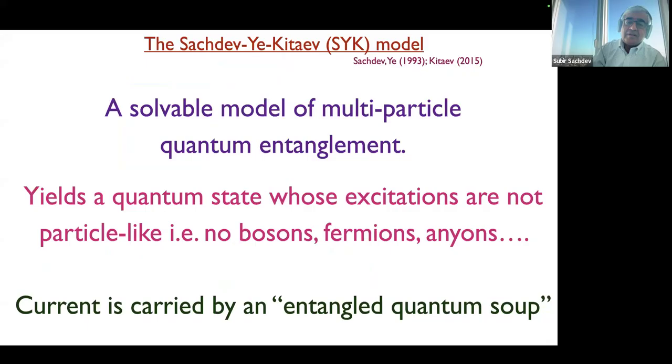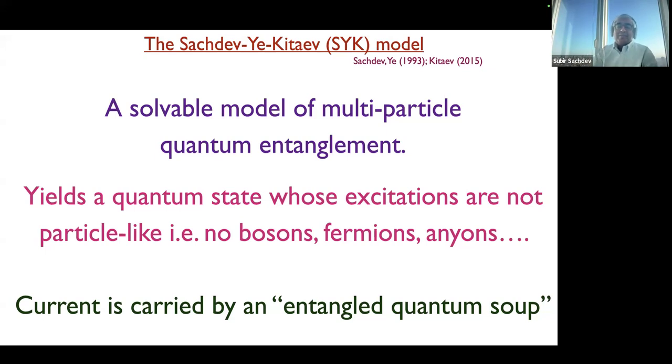Okay. So in the end, from the solution, and I won't go into further details, it gives you a solvable model of many-particle entanglement and yields a quantum state whose excitations are not particle-like. So that's sort of like the pi flux SU(2) gauge theory I told you about. But that earlier theory is much more complicated.